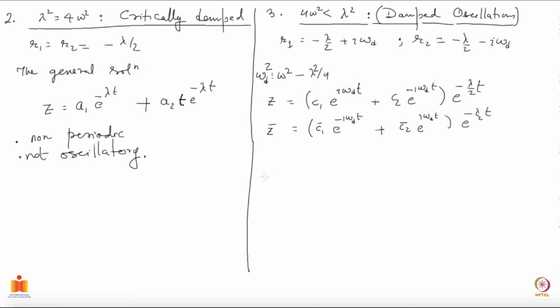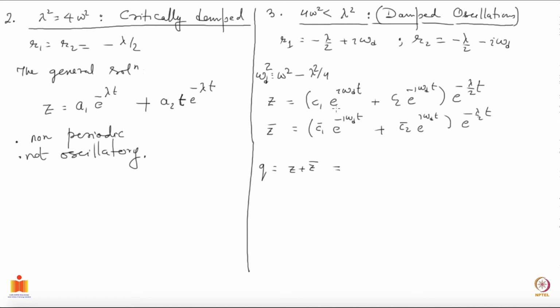And if I add these two up, I get Q. I'm not worried about factors of 2, because I can always absorb that in the constants. So that's why I'm writing that Q is z plus z bar.